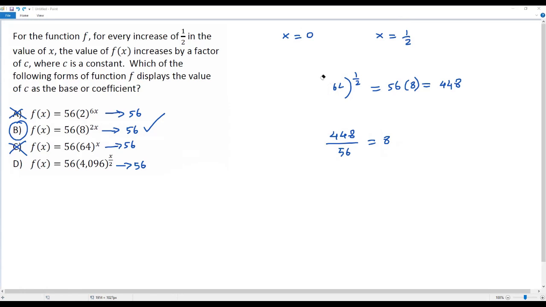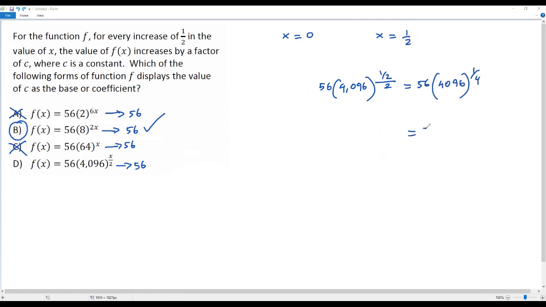Now let me erase this and check the last answer choice D. For that we plug in 1/2 for x here. Then I'm getting 56 times 4096 to the power of 1/2 divided by 2, which equals 56 times 4096 to the power of 1/4.